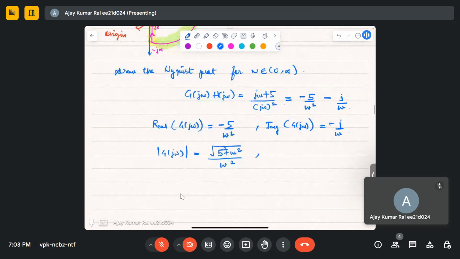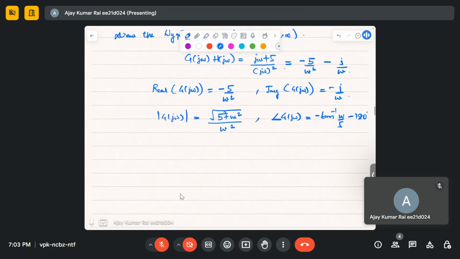So this is the magnitude and the angle is minus tan inverse omega by 5 minus 180 degree, right? Because if you see the denominator, you have j omega square, which is minus 90 minus 90. That's why I combined together and written as minus 180 degree.